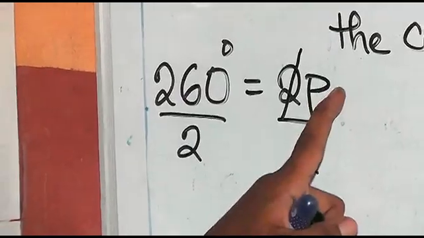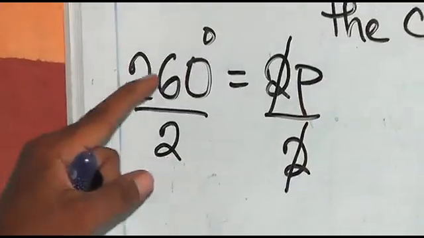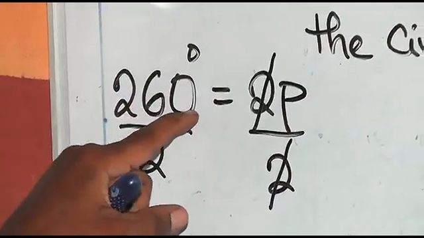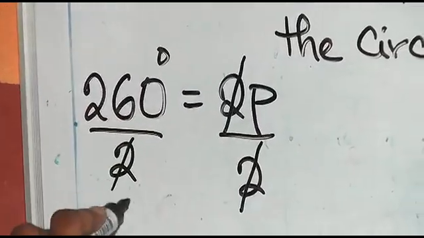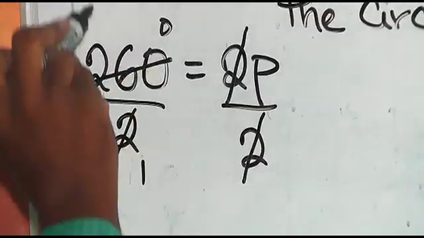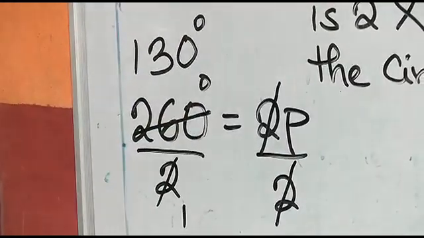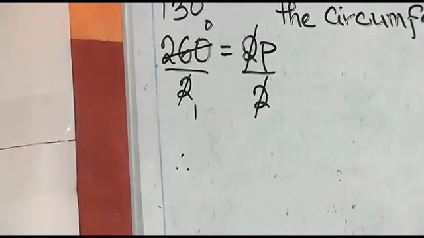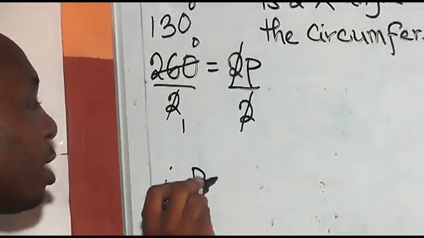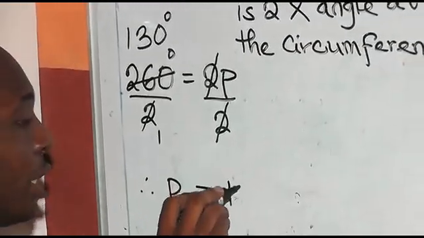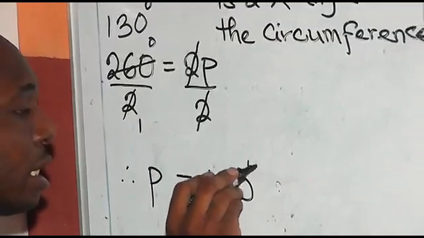We're left with p. So 260 divided by 2, you have it as 130 degrees. So, therefore, our P equals 130 degrees.